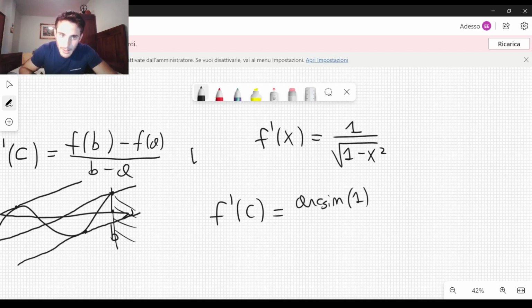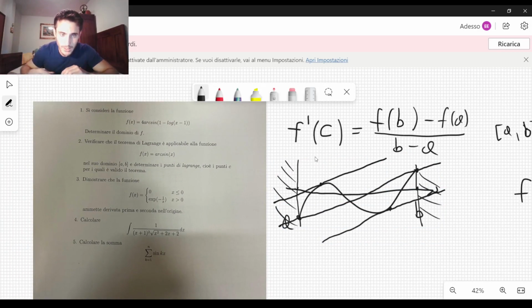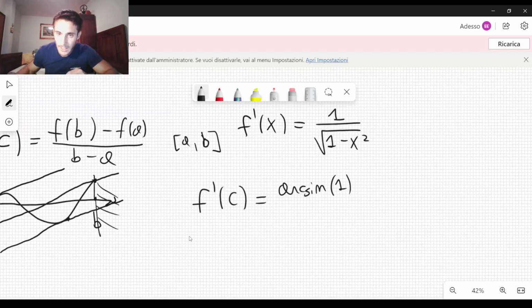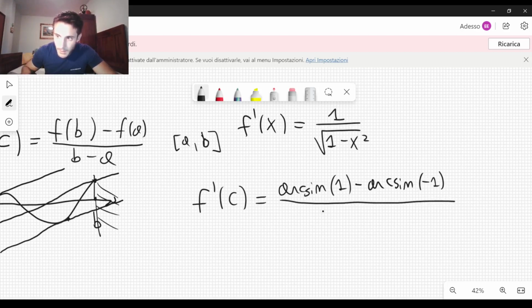Remember that the interval AB is the domain of the function. This is what our problem statement tells us. So B will be equal to 1 and A will be equal to minus 1. So we need to calculate arcsine of 1 minus arcsine of minus 1, and then we divide by 1 minus minus 1.